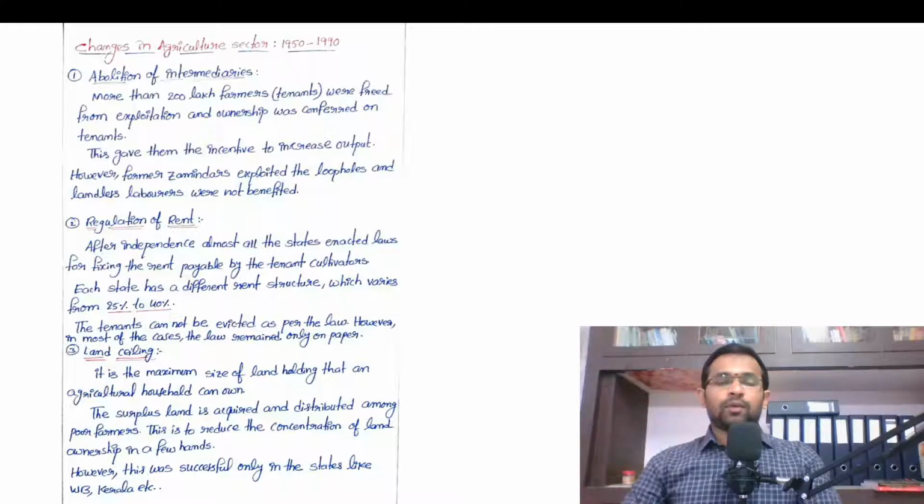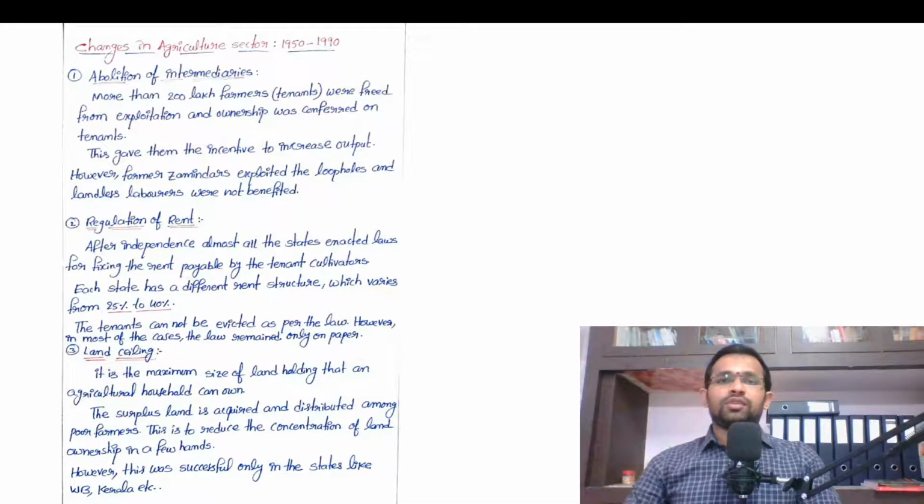And as part of the lecture series on Indian economy, today we'll discuss the changes in agricultural sector from 1950 to 1990. So as we know that after independence, the then government had tried to implement the land reforms.